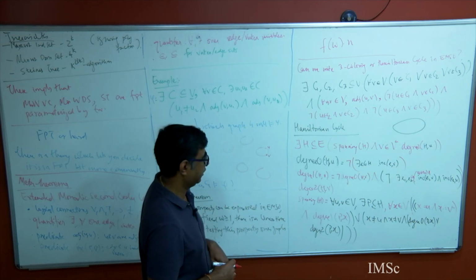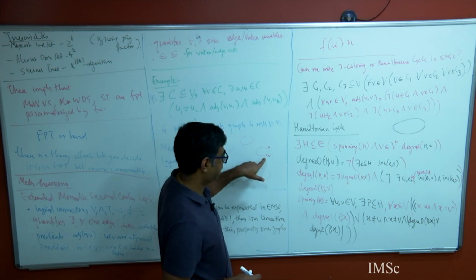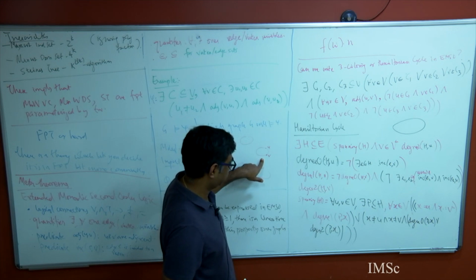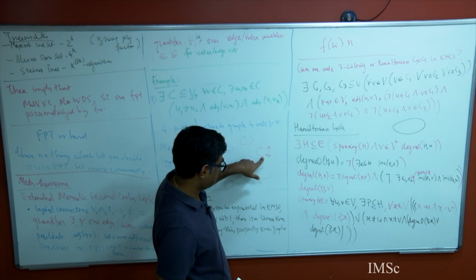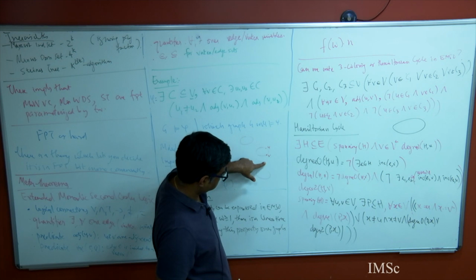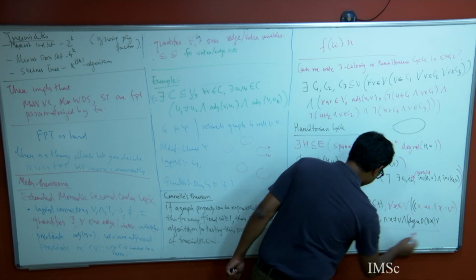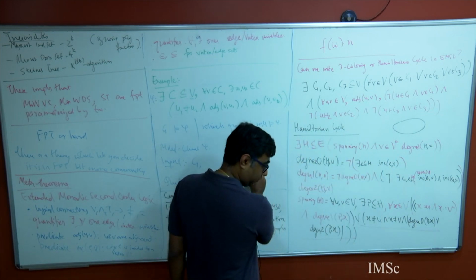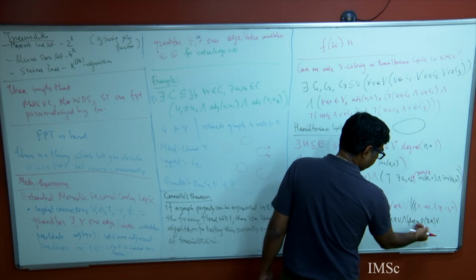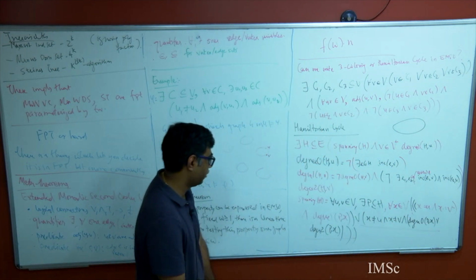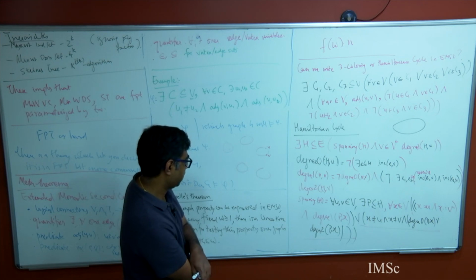I picked up some two vertices in V, and I will find this P subset of H, such that for every x in V, if x is not equal to u and x is not equal to v, then either x has degree 0 in the P which you have selected, or x has degree 2 in the P you have selected.